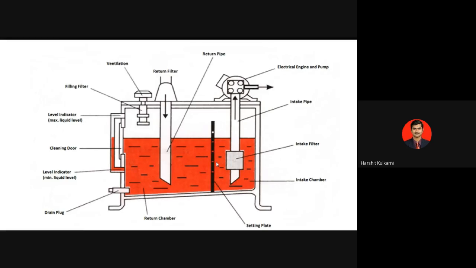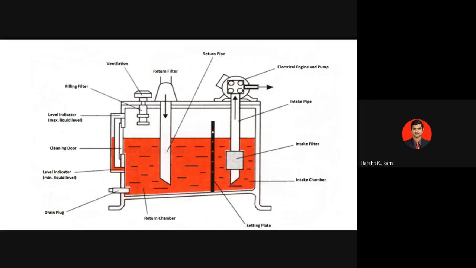So till here, what we have studied, starting from the definition of hydraulics or fluid power, then the applications of fluid power, advantages of fluid power, Pascal's law, then the typical control components of a hydraulic system, and the reservoir. Till the reservoir completes your unit number 3.